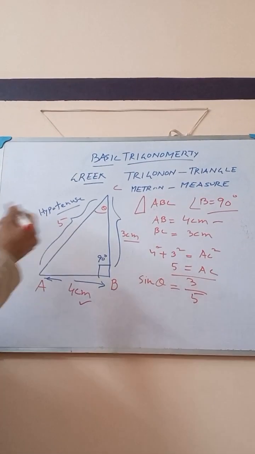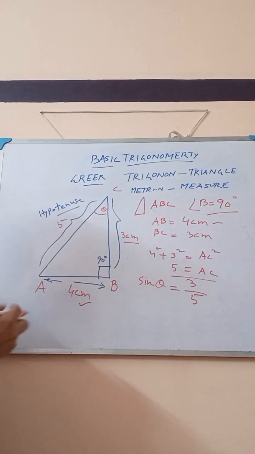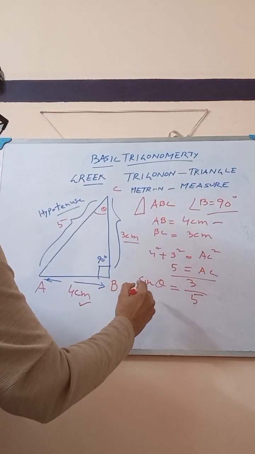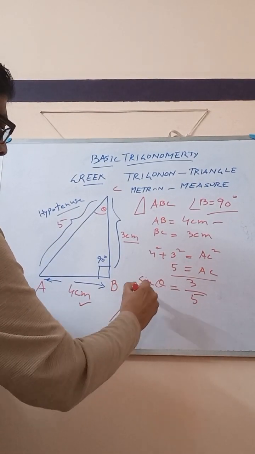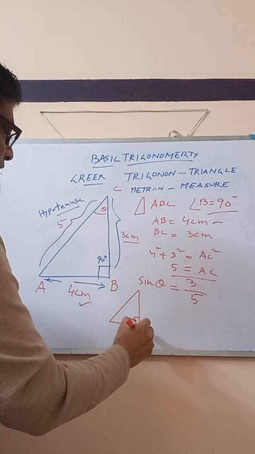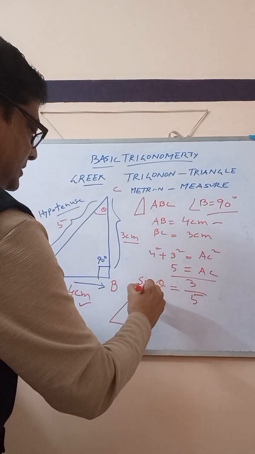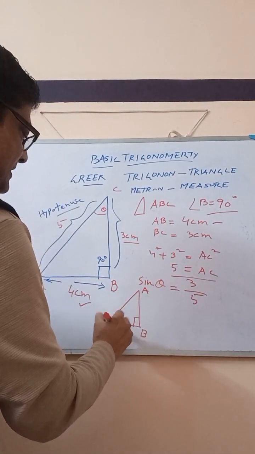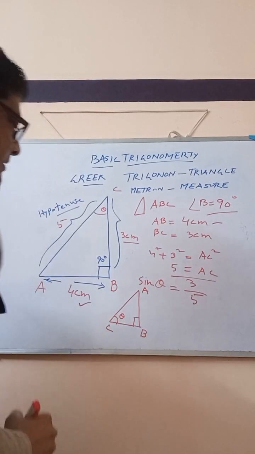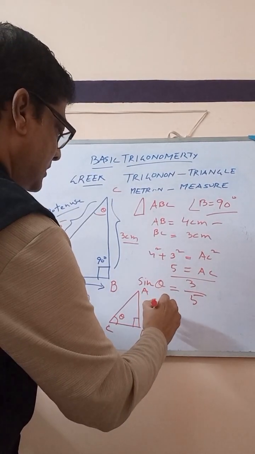Now we can draw the triangle in a different way also. Now let us try. Now this is the triangle. This is B, and this is A, and this is C. This angle is theta.